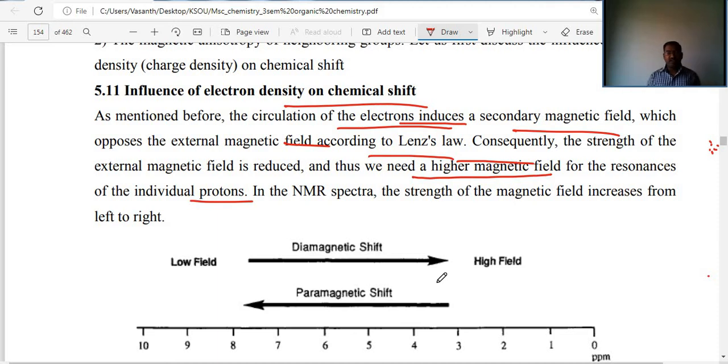In NMR spectra, the magnetic field increases from left to right.